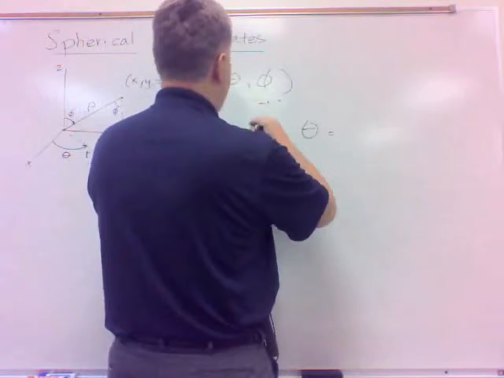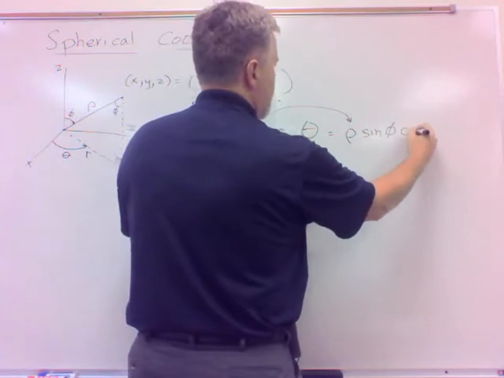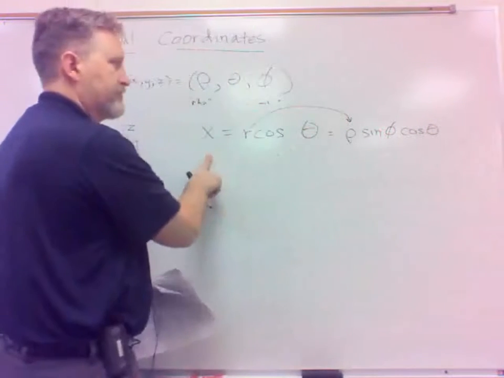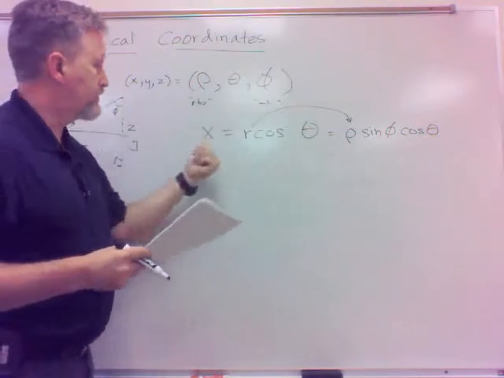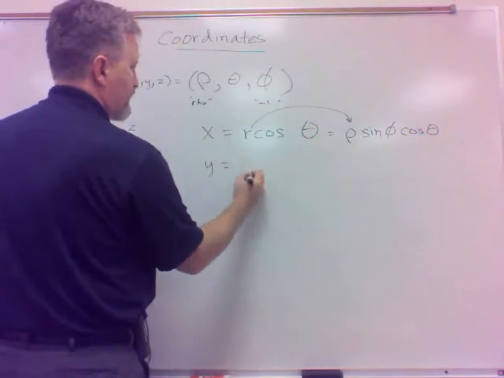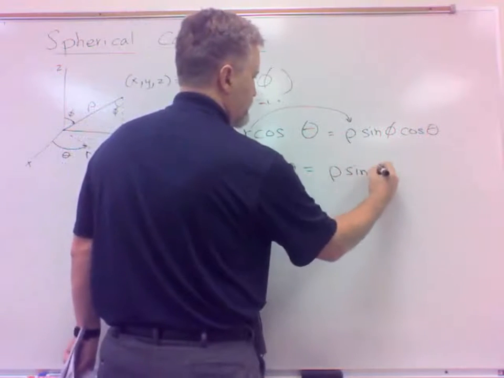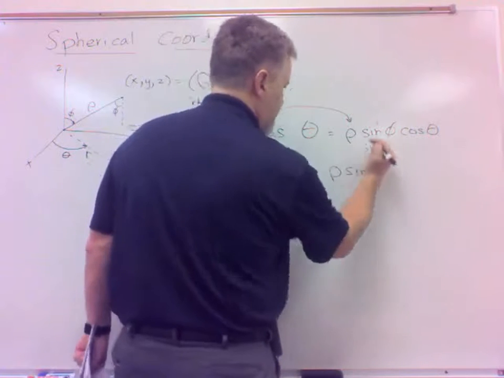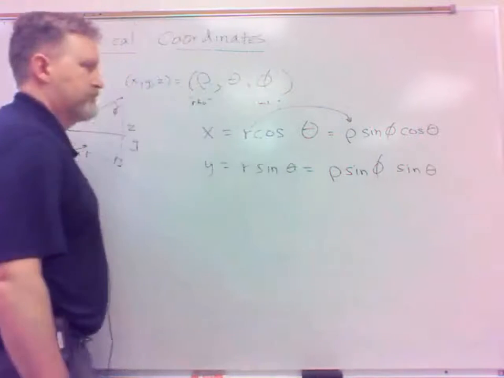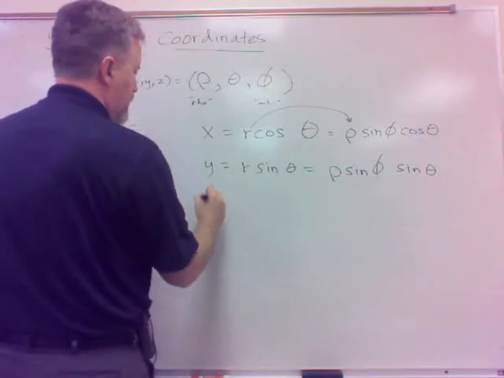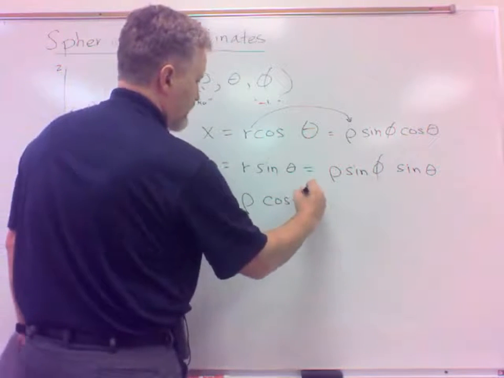If we make that substitution, we have rho sine phi cosine theta, and that would equal x. That gives us a way to convert from spherical to the x value. And then the y value, of course, we know is r sine theta, and r again is rho sine phi. So y would be rho sine phi times sine of theta. That would give us our y. And then z in Cartesian, we already know is rho cosine phi.